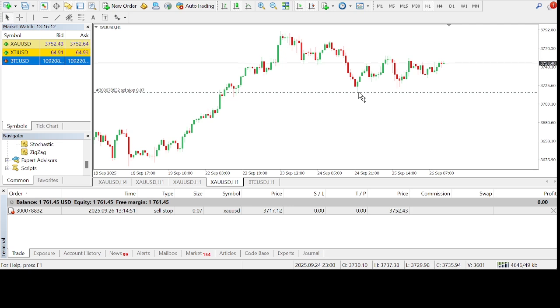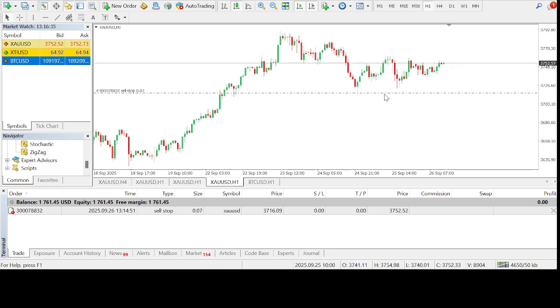So you need to identify that critical area, a zone where you've seen the price rejected, and that's where you place your sell stop order. Once it is activated, the order will be a sell. So you anticipate that gold will be selling all the way down. That's how you do it.